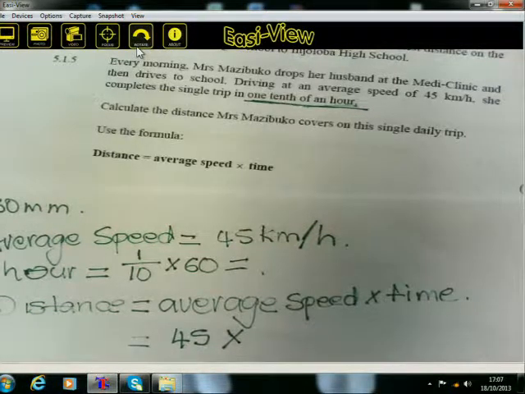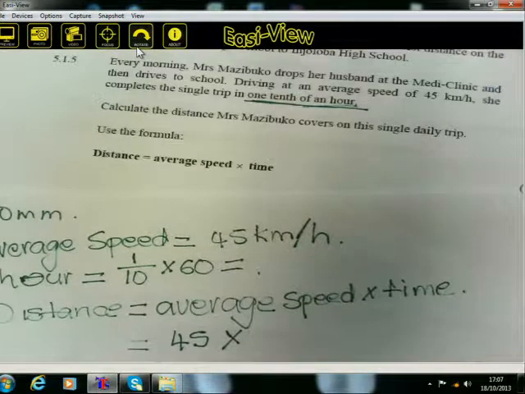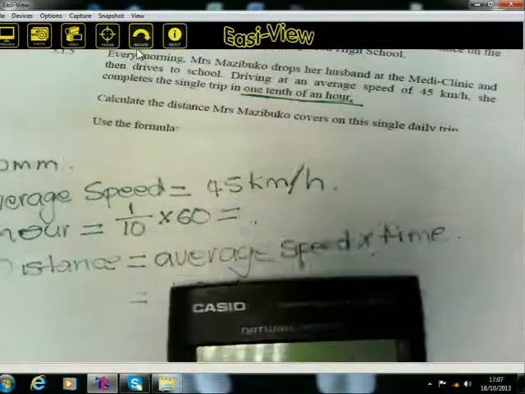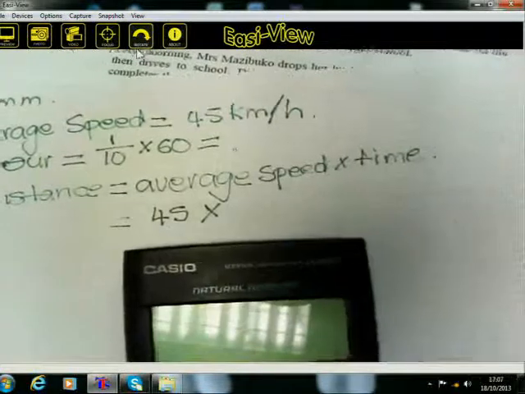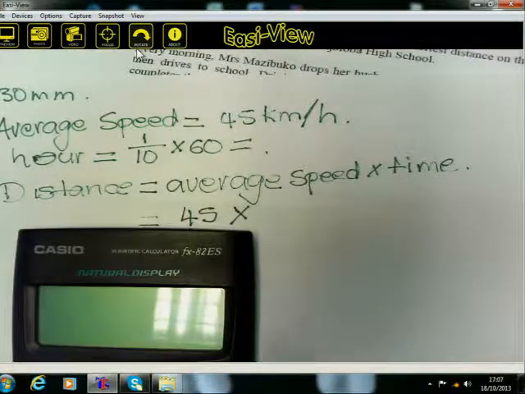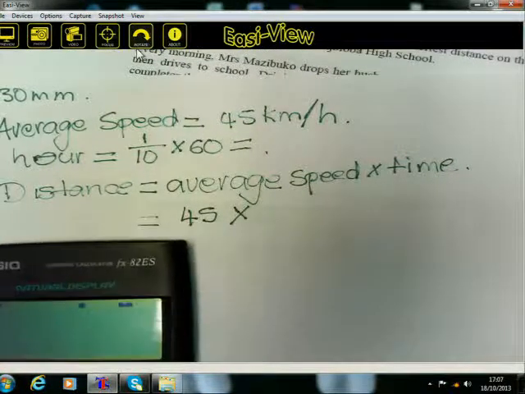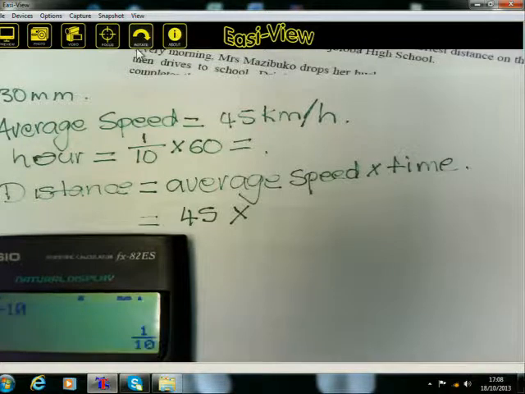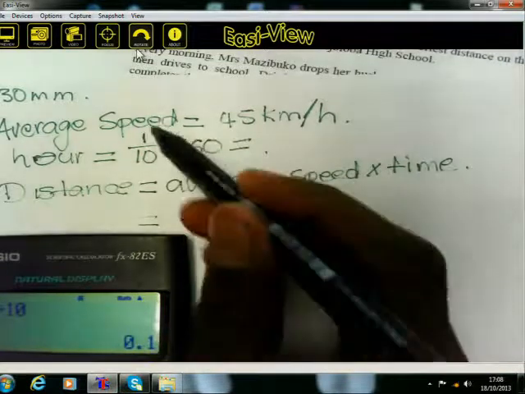And 1/10 of an hour is 1 divided by 10, which is 0,1.